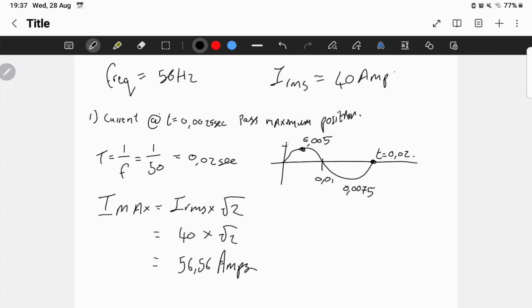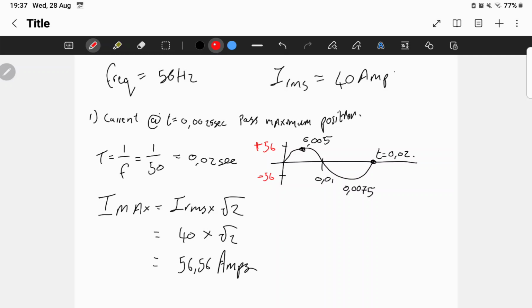So that is the maximum at this point. This will be positive 56, and this will be negative 56. Let's just get the red pen.